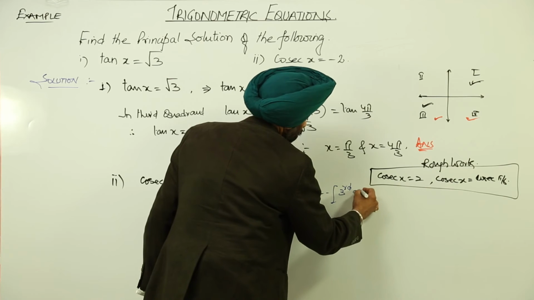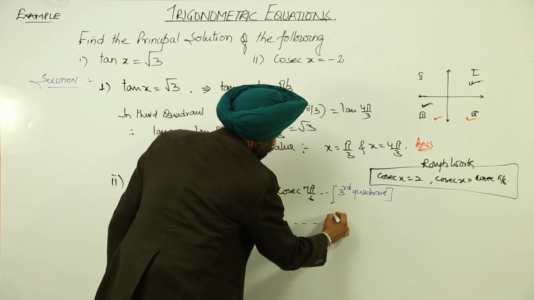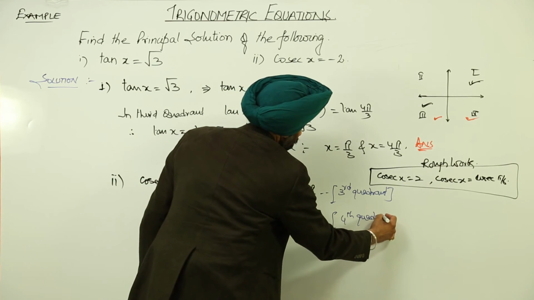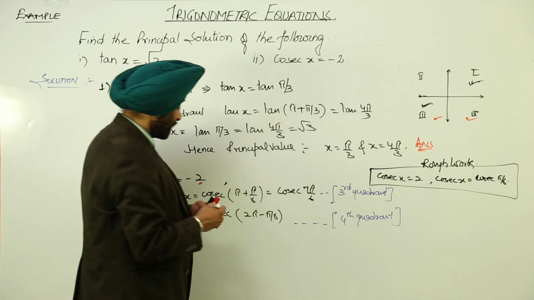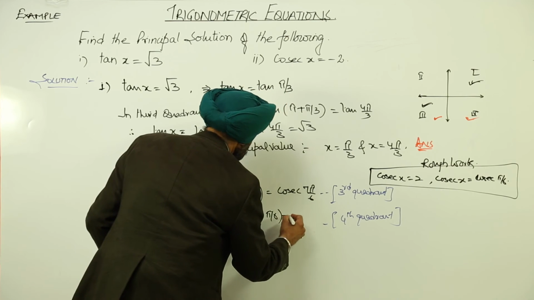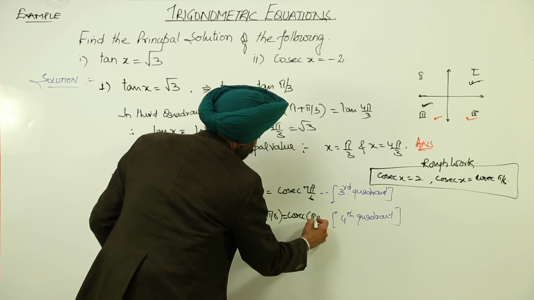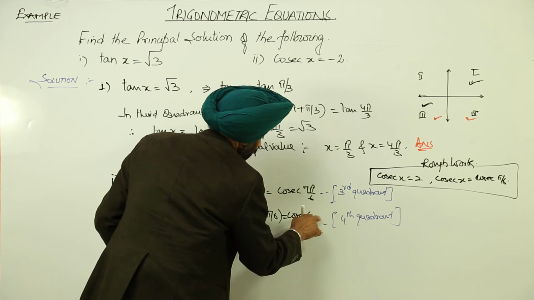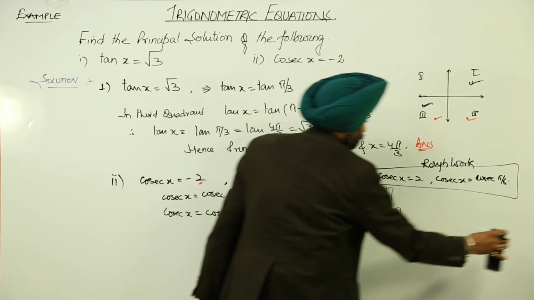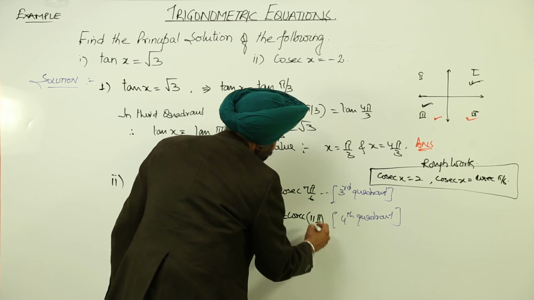This is in the fourth quadrant. So this becomes cosecant 11 pi by 6.